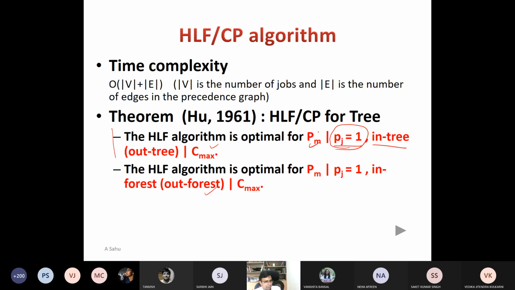With M processors, if it is tree format, then this HLF algorithm is proved to be optimal.